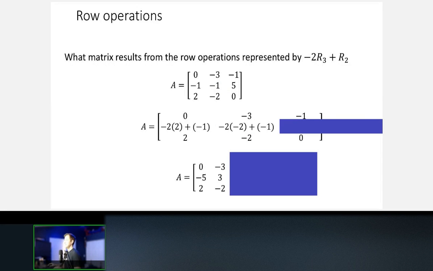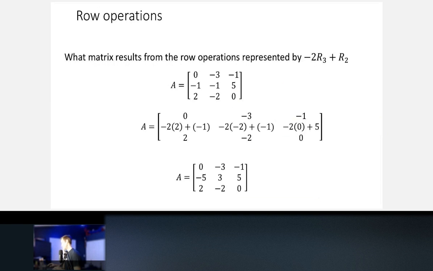Yep. And then the last one, we are doing -2 times 0, and then 0 plus 5 gives us 5. Yep. And I would suggest showing this, like I showed here, so we don't make mistakes.